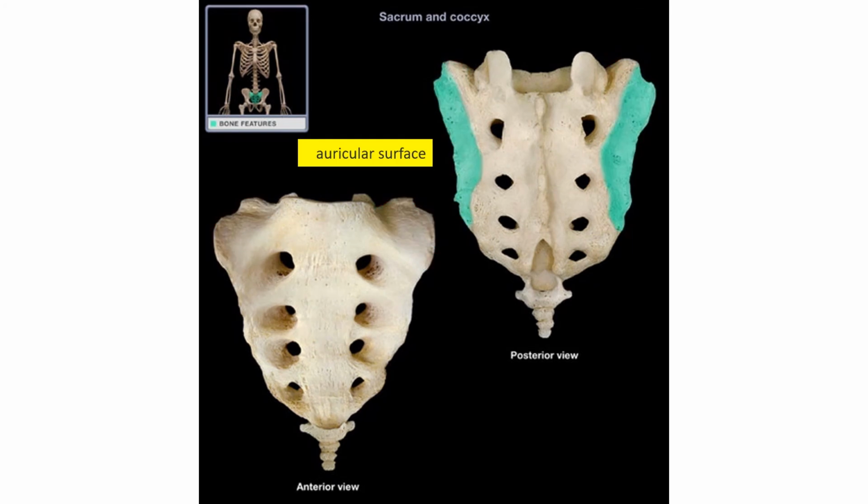Now, you know by now that the lower limb is attached to the axial skeleton by articulating of the pelvic girdle with the sacrum. So the sacrum has an articular surface coming from the ilium of the hip bone, and it is marked green in this image.